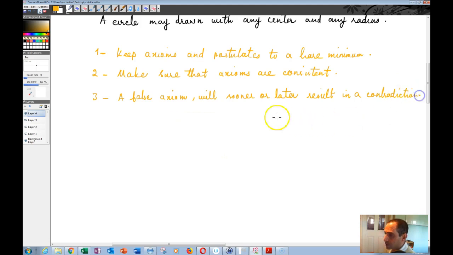So what that means is that, basically, what the contradiction is, of course, we are going to see practically in proofs.